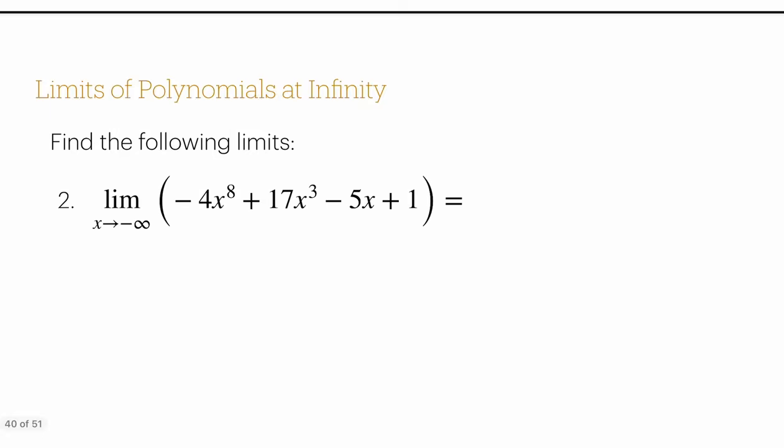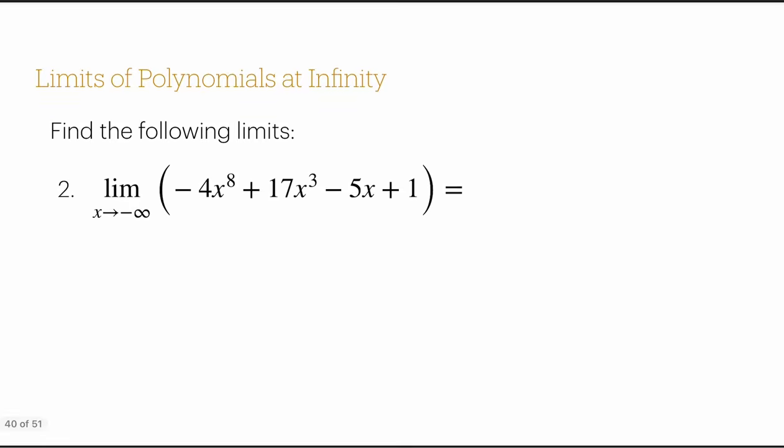Another example, we are to find the limit of negative 4x to the power of 8 plus 17x cubed minus 5x plus 1 as x approaches negative infinity. And so the highest degree term is this term right here. So this limit is just equal to the limit of negative 4x to the power of 8 as x approaches negative infinity.